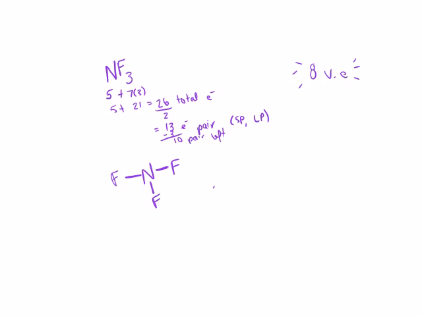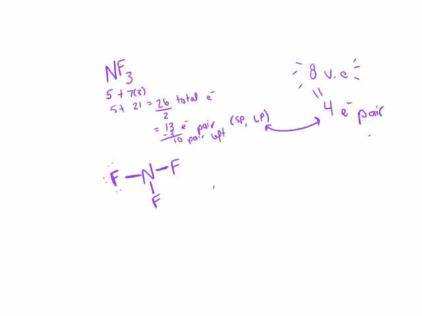So this fluorine that I'm writing on already has 1 pair with it, and 8 valence electrons is the same thing as having 4 electron pairs, okay? Either they're shared pairs or lone pairs. So I have 1, 2, 3, 4.